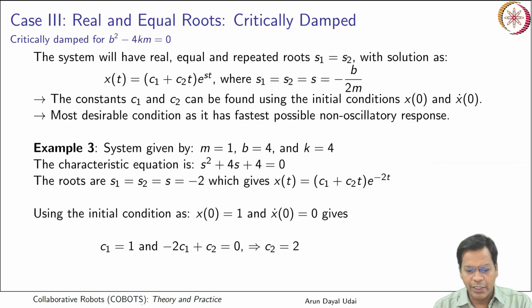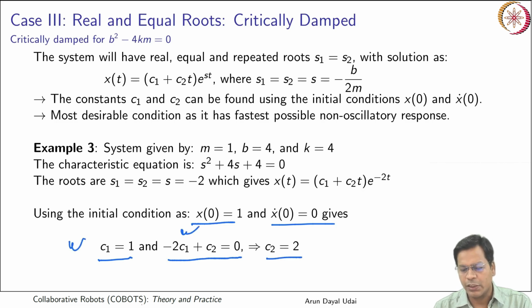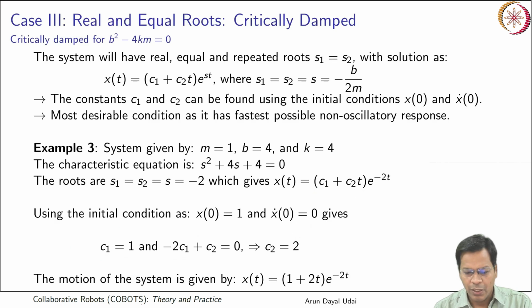Taking the derivative of this and substituting the initial boundary conditions, I can get two equations, that is c1 equal to 1 and minus 2 c1 plus c2 equal to 0. So these two are the simultaneous equations. Solving this, I got c2 equal to 2. So c1 and c2 both are obtained. So that can now be put here and you get the complete time domain solution.